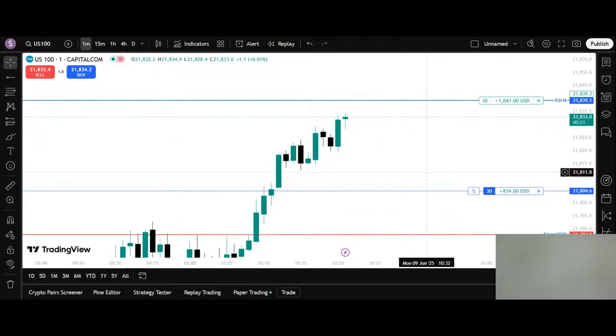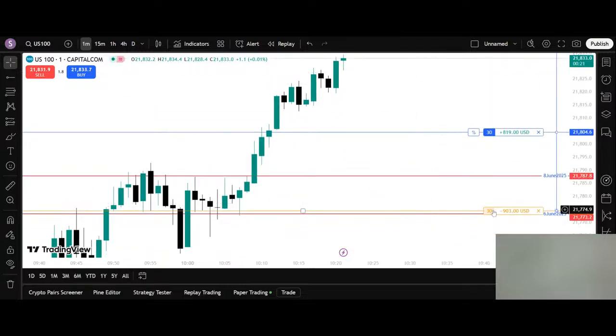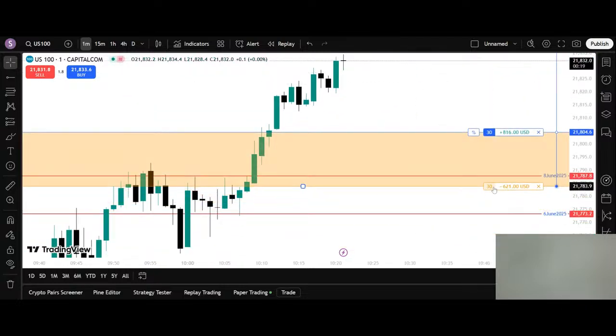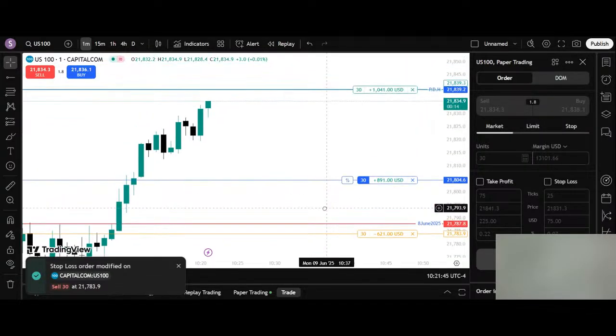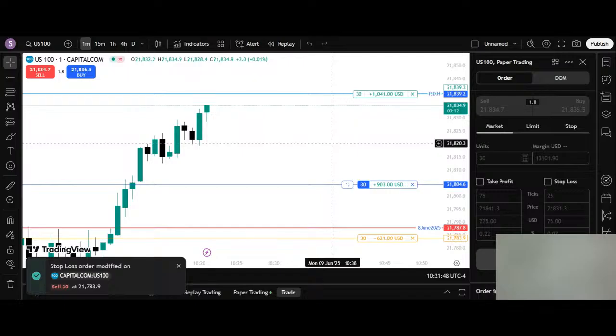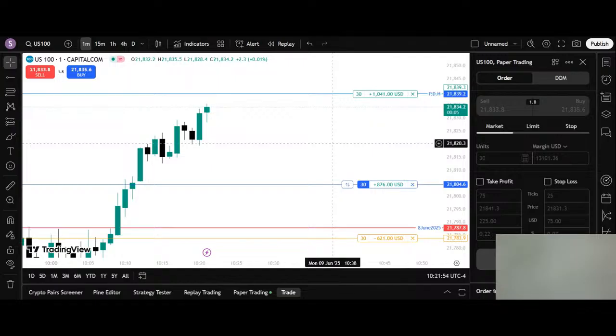Seems to be going in our direction. We're gonna trail our SL now, till here. Let's see how it goes.